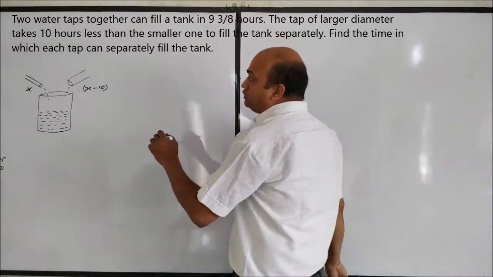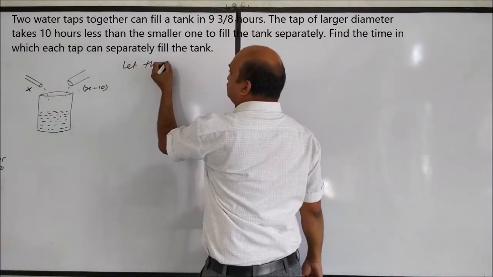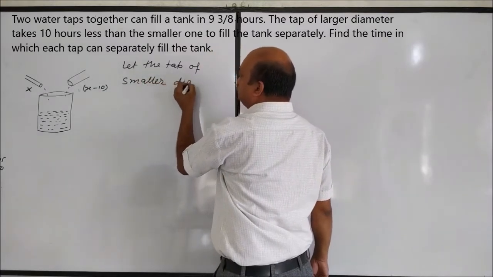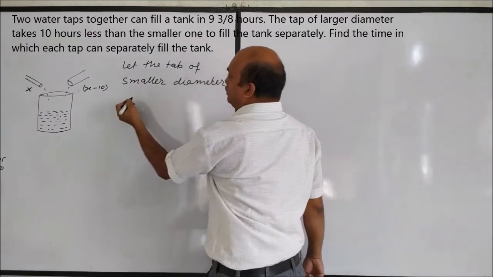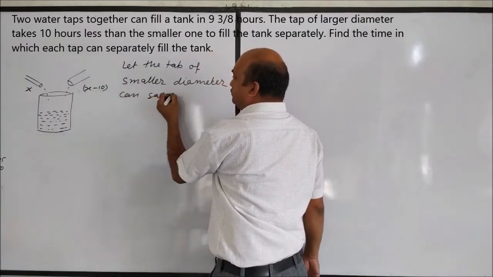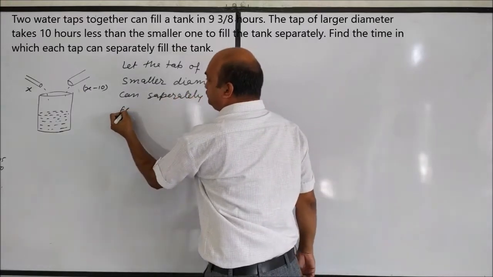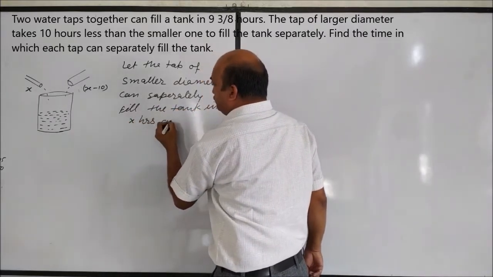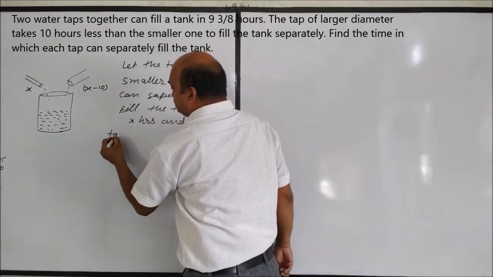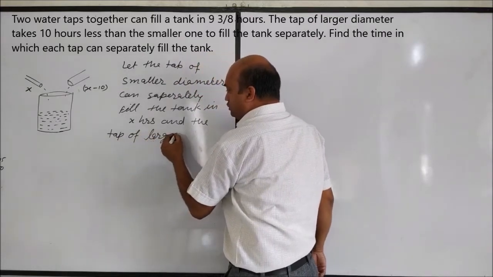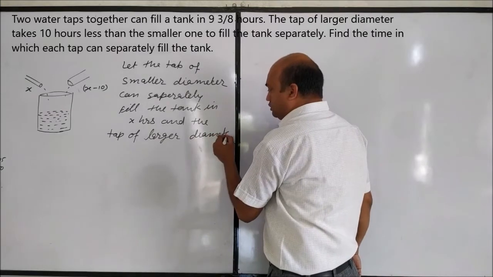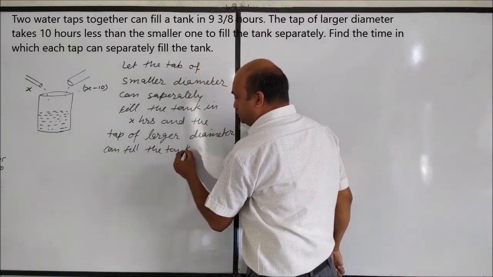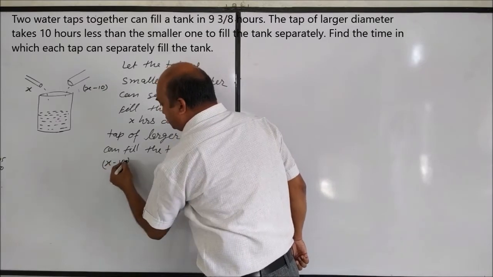Let the tap of smaller diameter separately fill the tank in x hours, and the tap of larger diameter fill the tank in x minus 10 hours.